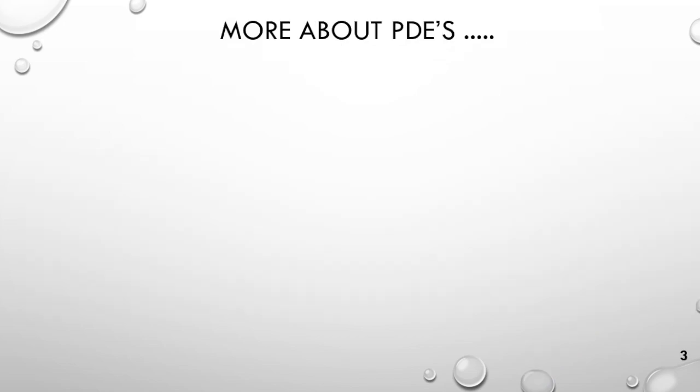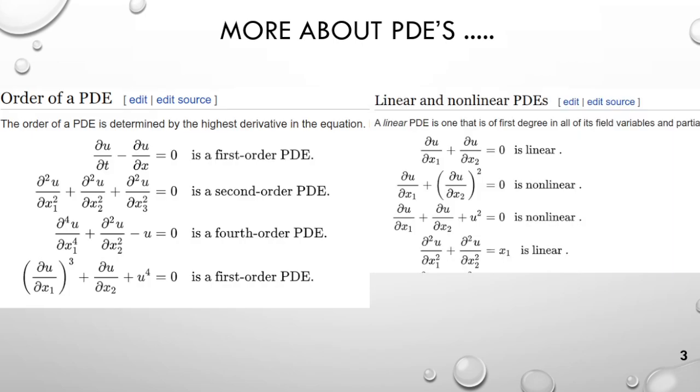So let us briefly revise the partial differential equations, because your questions are mainly from this topic. First, you have the order of a partial differential equation, which is determined by the highest derivative in the equation. Now, what is meant by highest derivative?